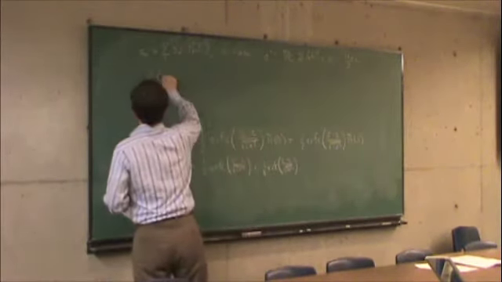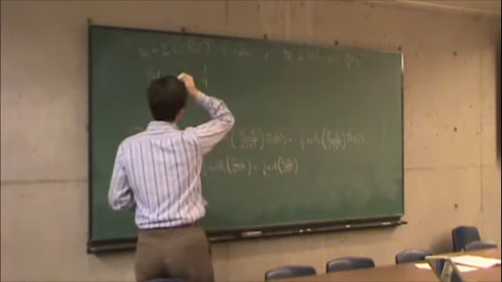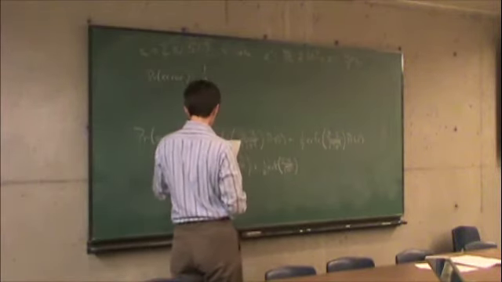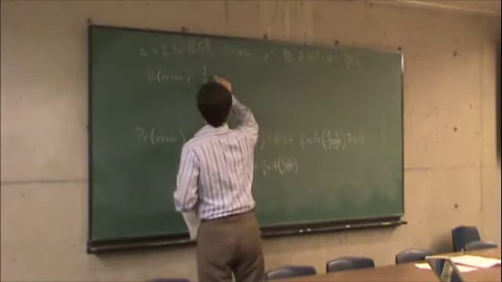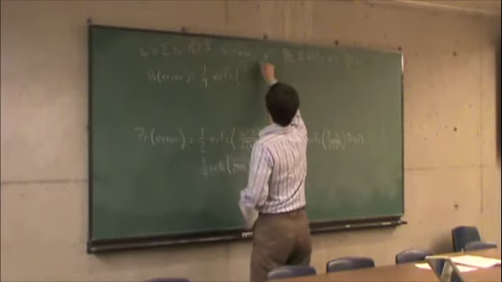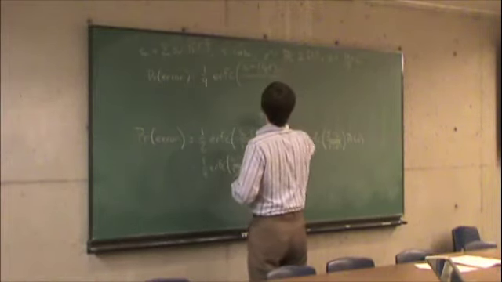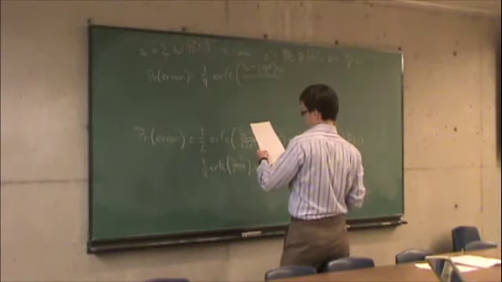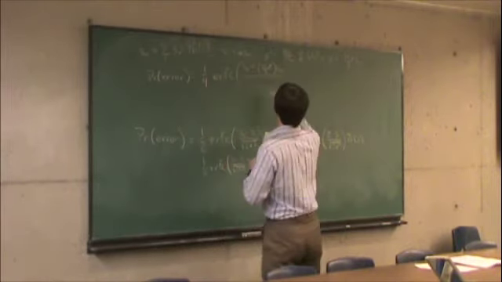So probability of error is equal to 1/4 erfc. I'll keep S0 the way it is. I don't want to substitute in that sum. So S0 minus Z is (1 minus alpha) over 2 S0. And I will keep sigma squared the way it is. Question? 1 plus alpha, 1 plus alpha. Correct, 1 plus alpha.